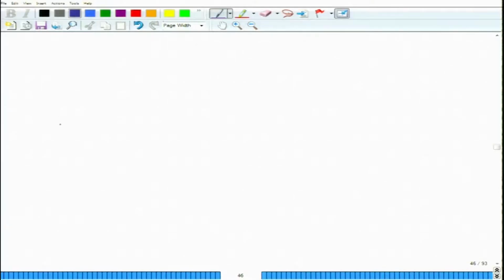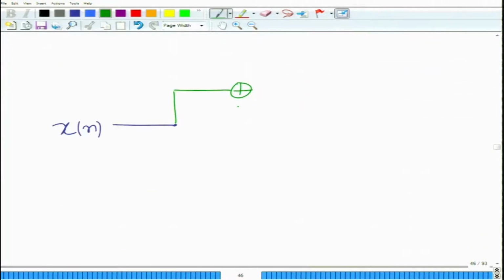Now you can see it has two factors, so you will have two branches. The top branch will correspond to the first factor, that will be 2 by 5 by (1 minus 3 by 4 z inverse).